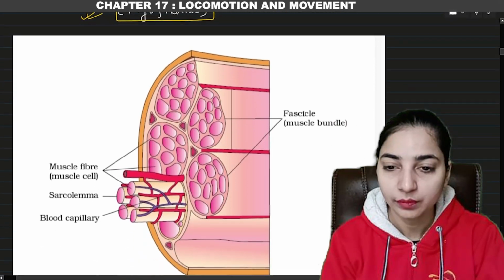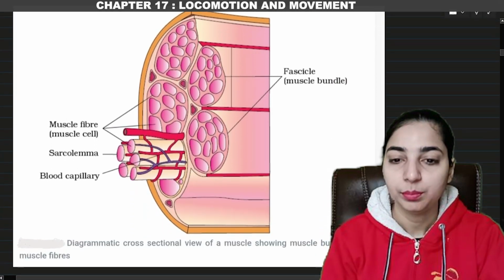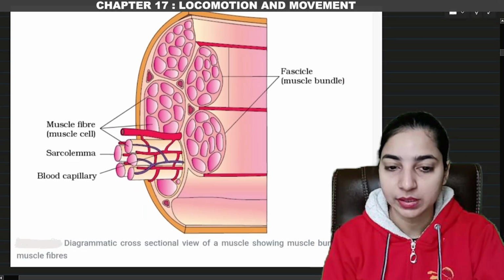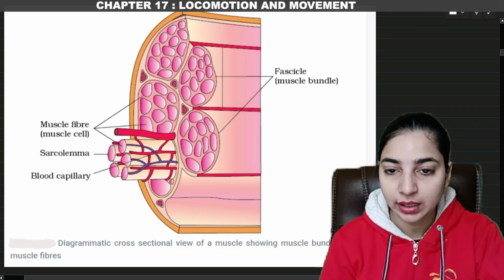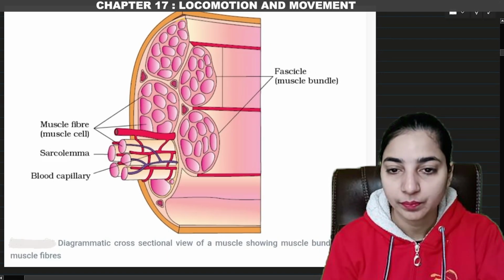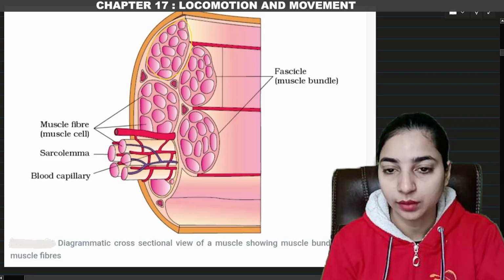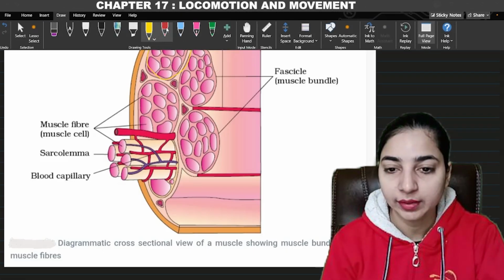Okay. First, let's have a look at the muscle. Okay, this is the diagram of a muscle. Let me change the color here. I will take the red color.